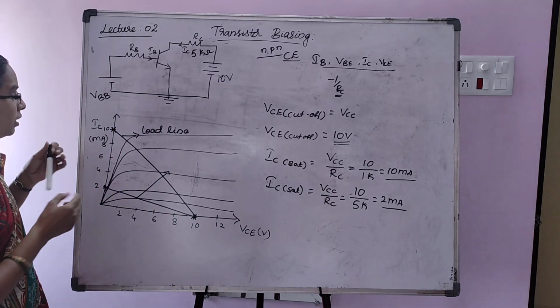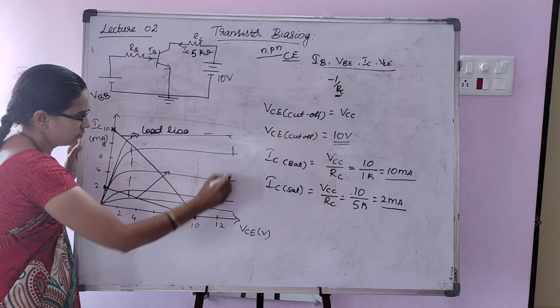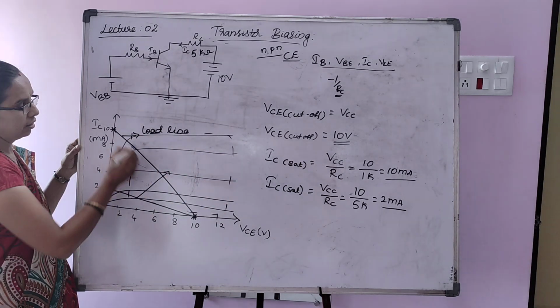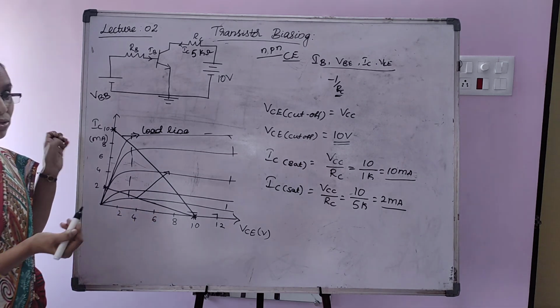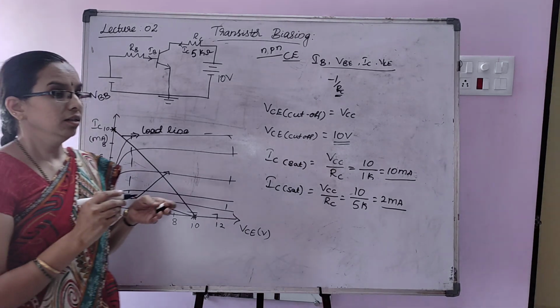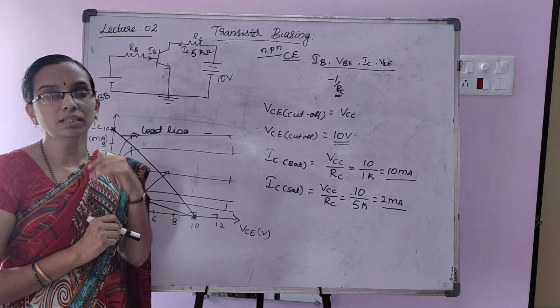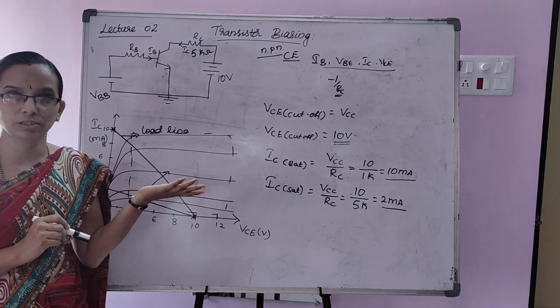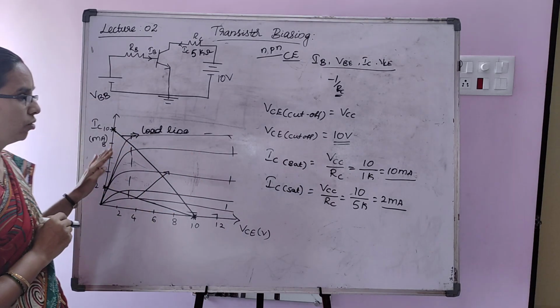If we want the active region, the first load line covers most of the active region, whereas the second load line will not cover it. So this is how we could draw the DC load line.